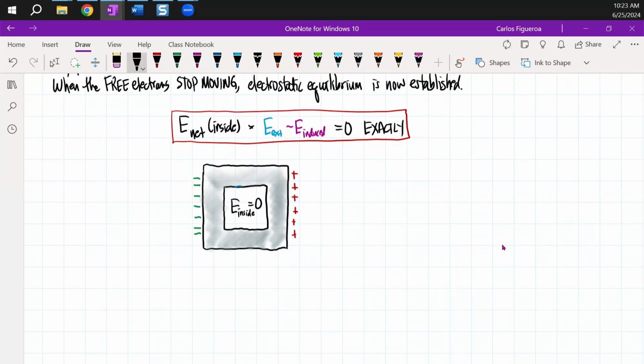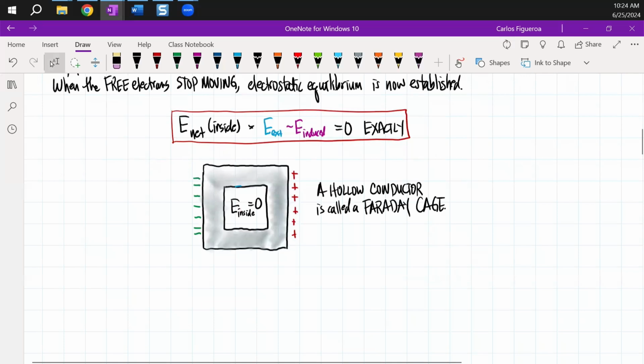So a hollow conductor is called a Faraday cage. And I will come back to a Faraday cage a little bit at the end, in the next lecture here.